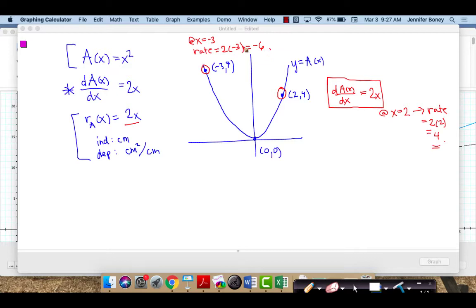So another way to think about this: within that circle there, if I connect 2 points, I'm going to have a slope of about -6. If I connect 2 points within this circle, I'm going to have a slope of about 4. What about around the vertex of this parabola?